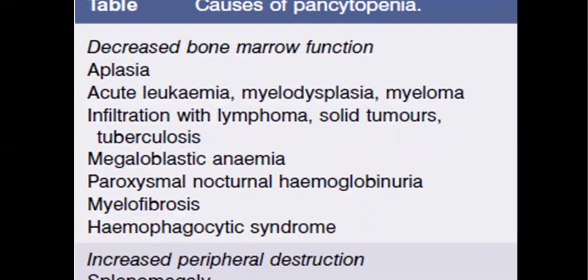Decreased bone marrow function: aplasia, acute leukemia, myelodysplasia, myeloma, infiltration with lymphoma, solid tumor, tuberculosis, megaloblastic anemia, paroxysmal nocturnal hemoglobinuria, myelofibrosis, and hemophagocytic syndrome. Increased peripheral destruction includes splenomegaly, which is enlargement of the spleen.